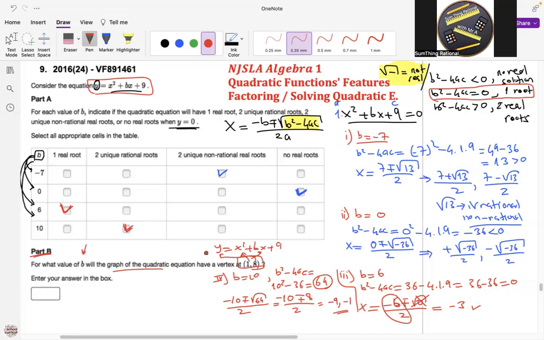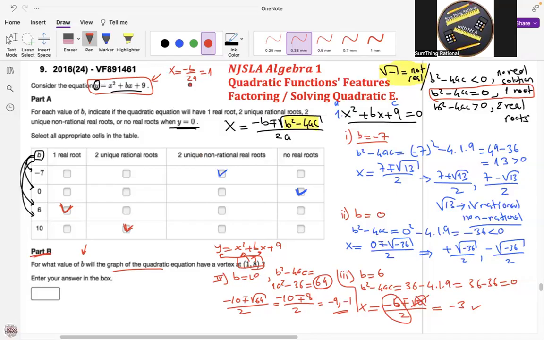We can plug in, or we can write this function in vertex form, and you can try it that way also. The x value is 1, which means the x coordinate of the vertex is 1. You can also use the formula negative b over 2a, which is the axis of symmetry, which is 1.